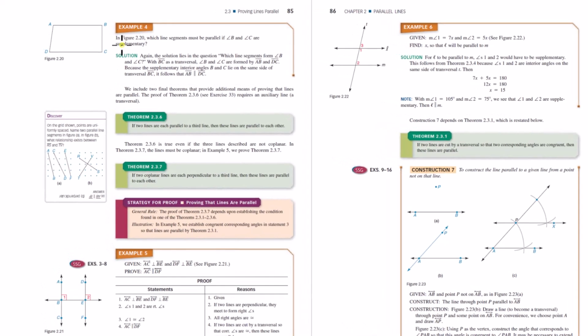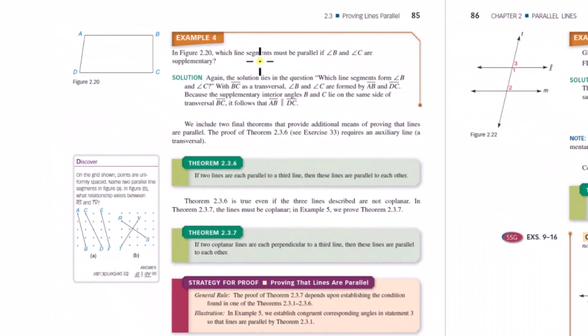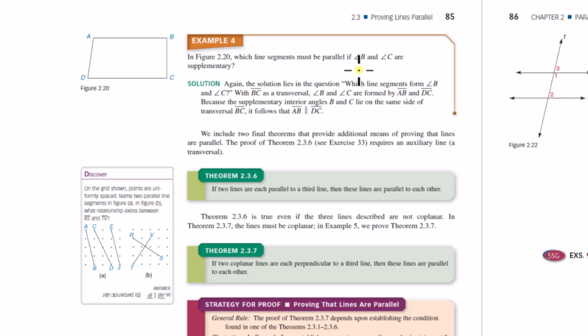Okay. In figure 2.20, which line segments must be parallel if angle B and angle C are supplementary? So if angle B and angle C are supplementary, then which of these line segments must be parallel? Okay, so it'll be easier to think about this if we extend this.